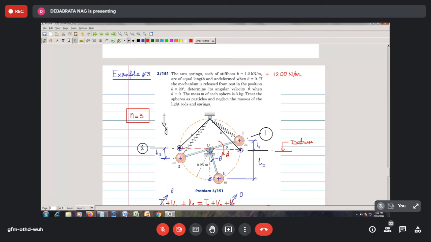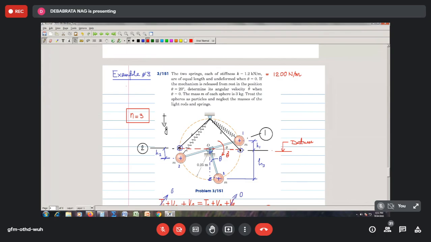So see, what is the challenging question here? The challenging question is when theta is equal to 20 degree, it is being released from this, up to what angle it will go before it again returns its journey in the opposite direction. That could be the thing, right?